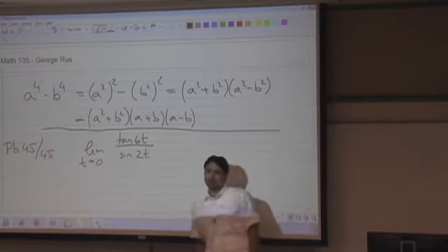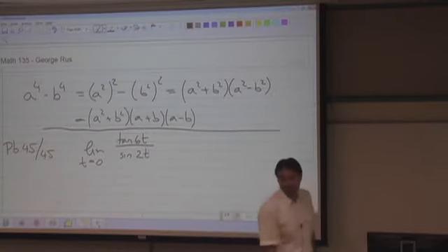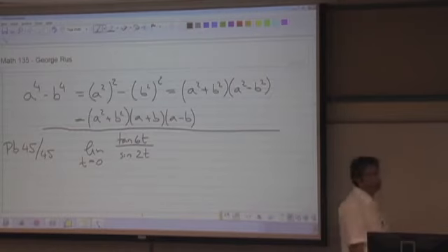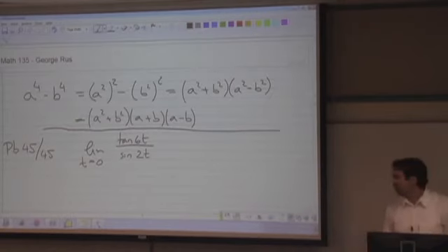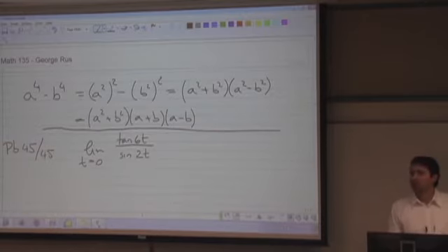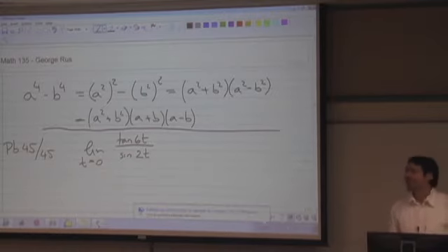So let's assess more or less what we're looking at, and then we can decide if we have anything to do with it or not. So if you put in 0 for t, you end up with tangent of 0, which is 0, divided by sine of 0, which is 0. So we end up with a situation of 0 over 0, right?